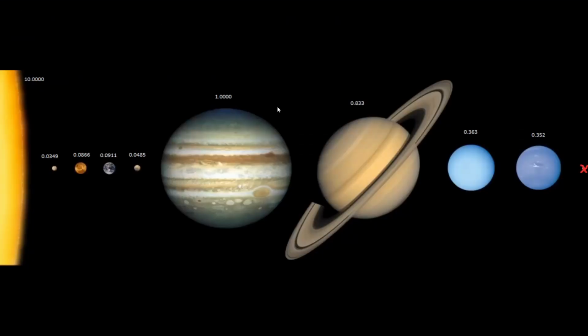To put things into perspective, these are all of the major bodies in our solar system, with the numbers above them being their radius in Jupiter radii. So Jupiter is 1, Saturn 0.833, and so on and so on. The Sun is around 10 Jupiter radii.